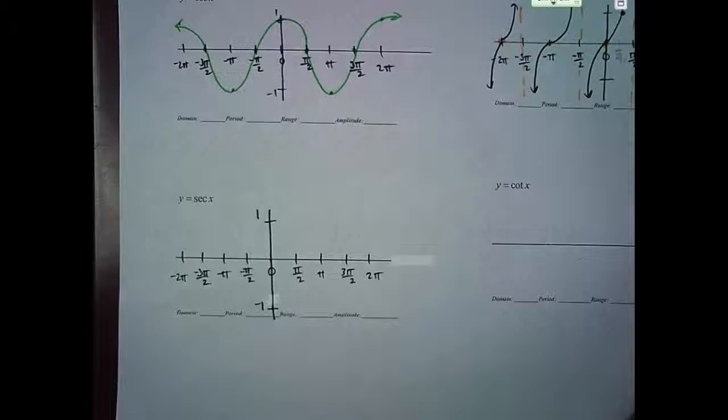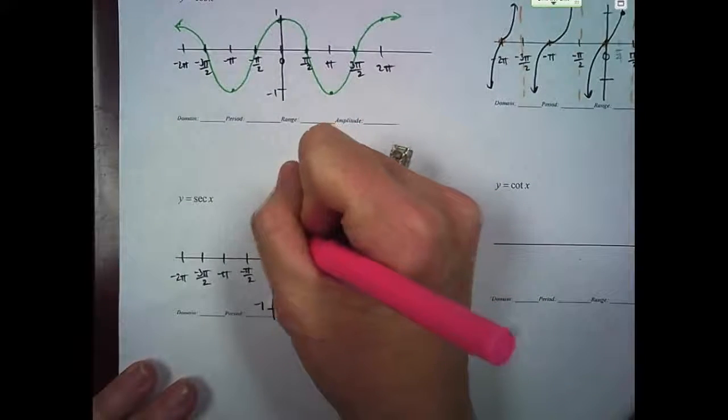Here's 0. Cosine is what value? What's the x value at 0 radians? 1. Okay, what's the reciprocal of 1? 1 divided by 1 is 1. It doesn't change. So no big deal. We won't change it. There's 1.